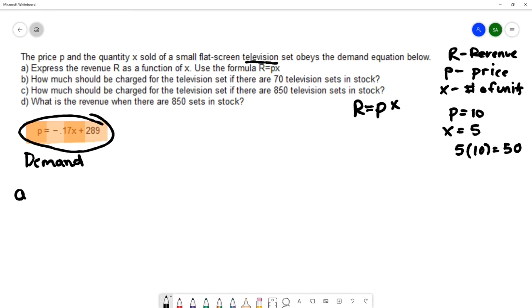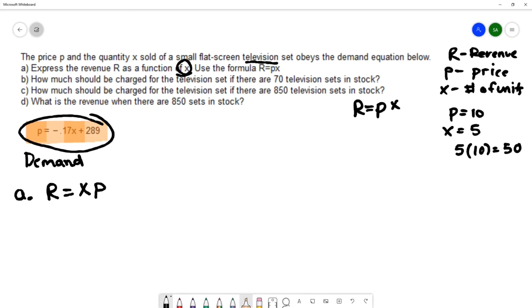So in part A, we want to represent revenue as a function of X. That means we only want the variable of X in our equation.